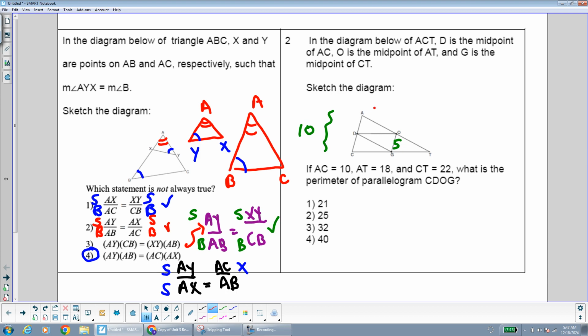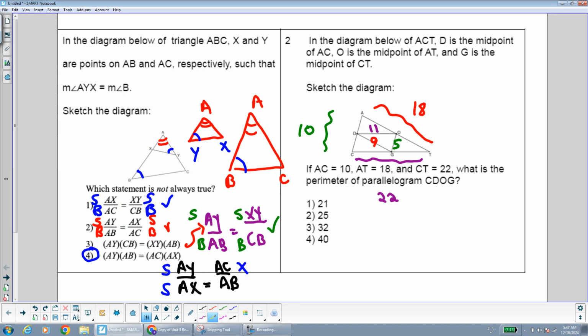AT is 18. So that's the third side for this mid-segment because it's not touching this mid-segment. So this mid-segment over here would be 9. And CT is 22, which means this mid-segment would be 11.